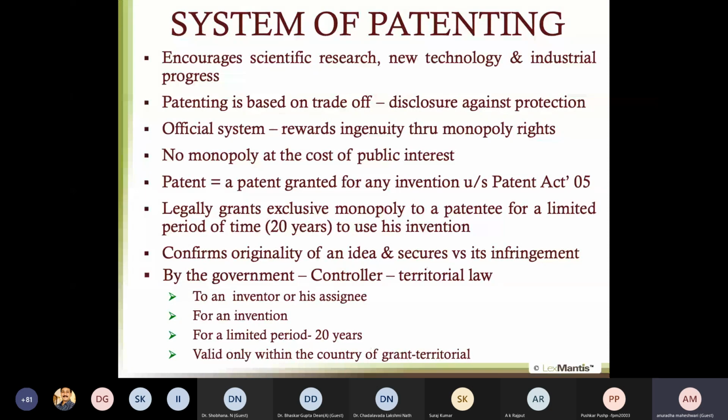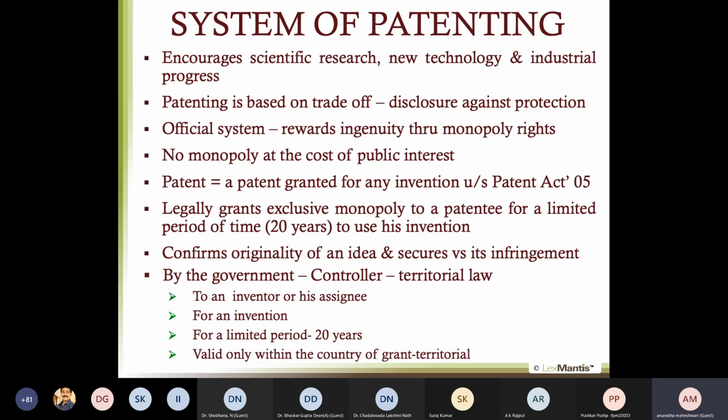Coming to what kind of monopoly? The monopoly is this, that if you have invented something new, not heard of, not seen before, and you want to protect it, then the state allows you to protect it through a patent. Once you get a patent, you alone are entitled to use this technology and sell it.